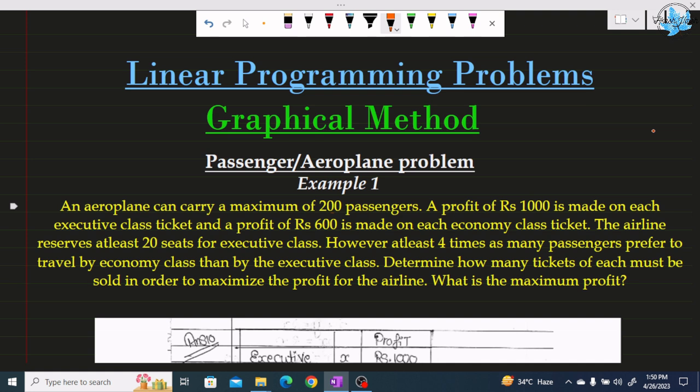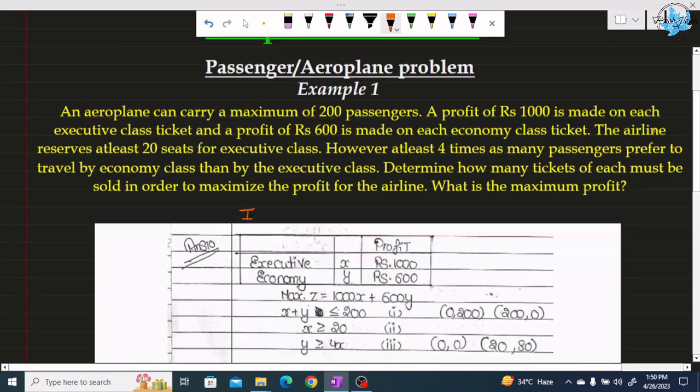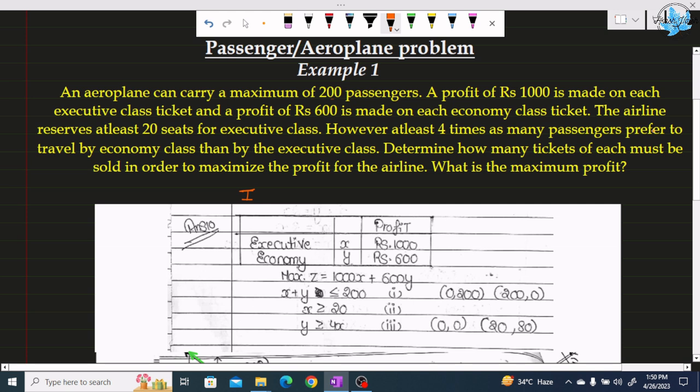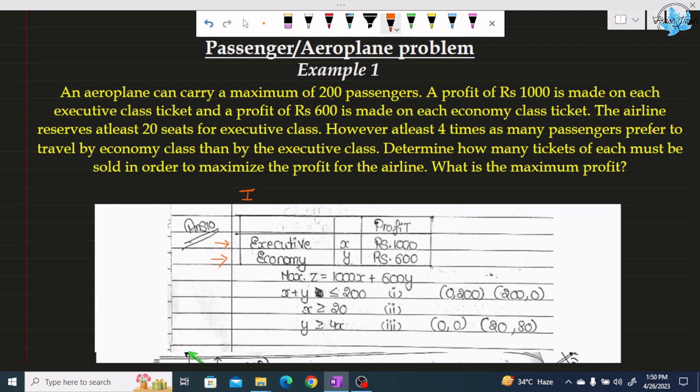Now we come to the solution part. In the solution, first we will create our table. To create a table, we have the two classes given to us, the executive class and the economy class.